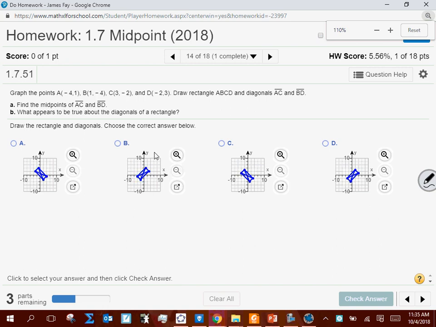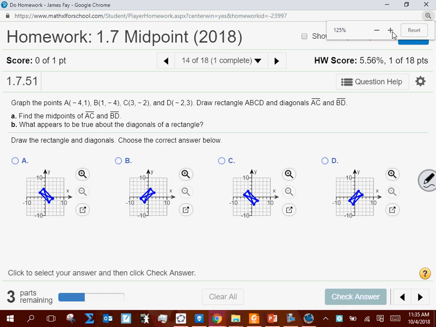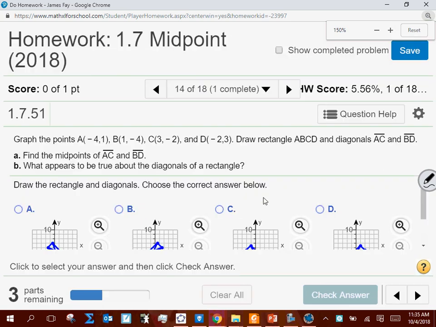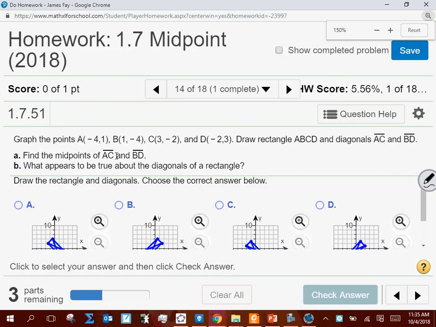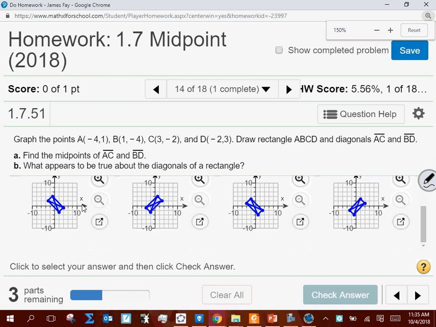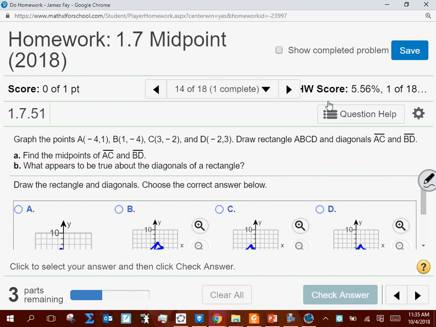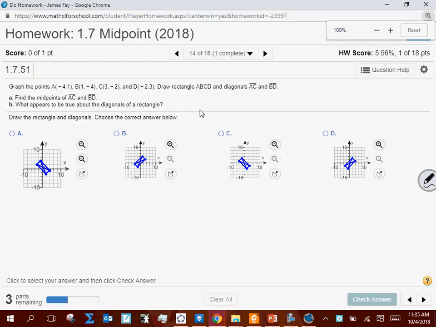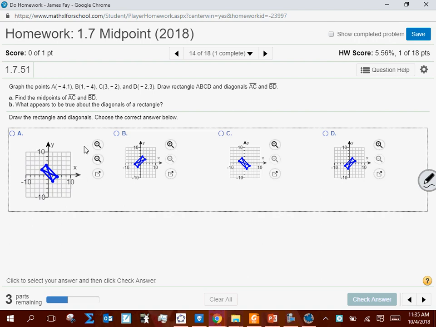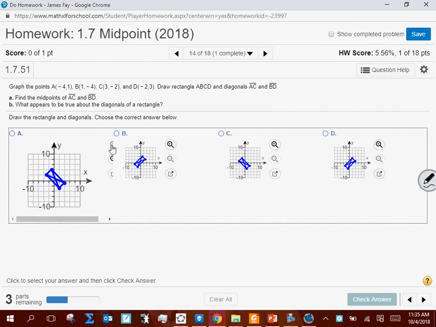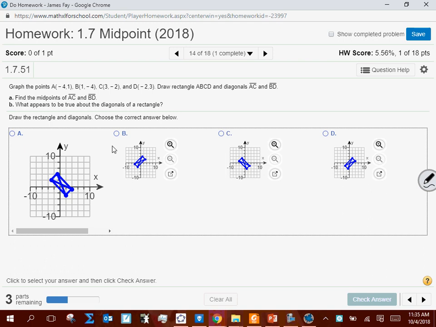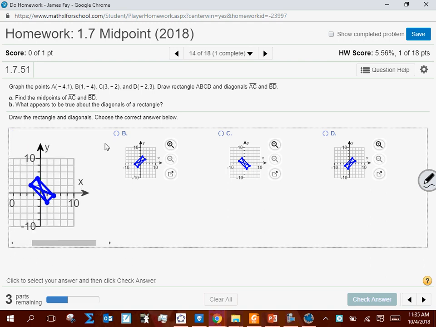Okay? So again, all you've got to do is figure out, first of all, which one of these graphs has these points. And these graphs kind of stink because they're so small, but -4, 1. Let's look at this one here. Is that all the further I can zoom in on it? Well, this is kind of a pain in the butt, but I apologize for this.